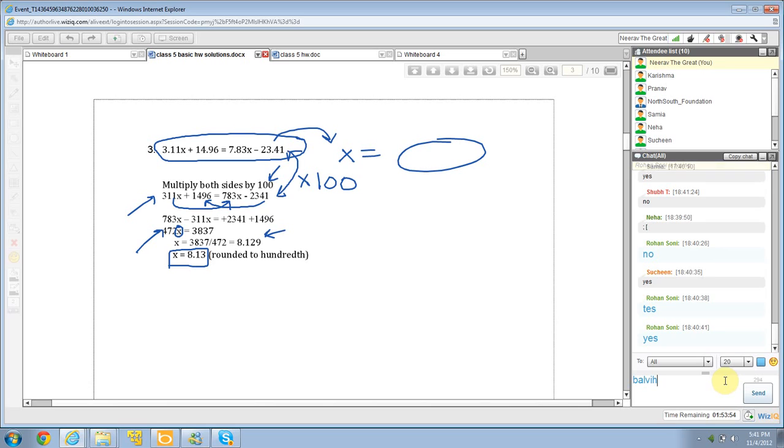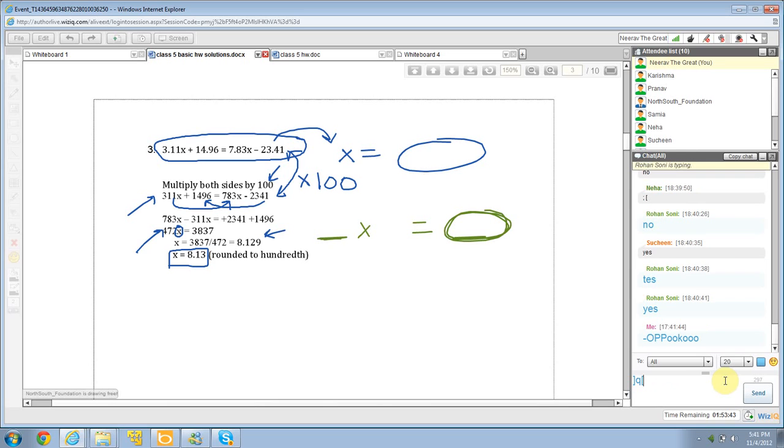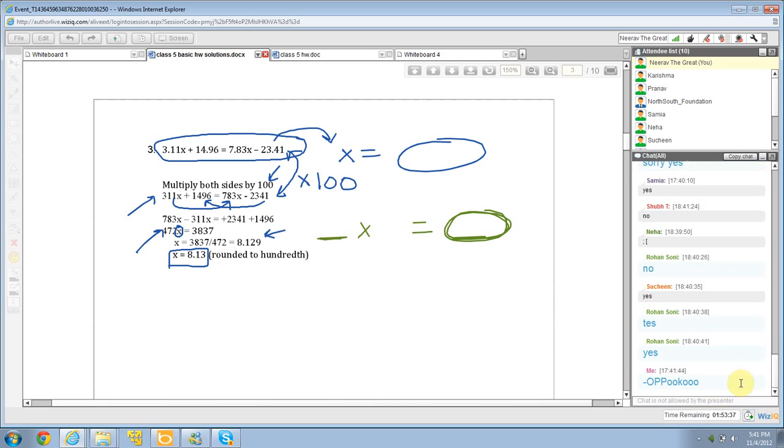The next thing you want to do is bring all the x's on one side of the equation, with a number before it, and all the numbers on the other side. So we brought the 783x to the left side of the equation and the 1,496 to the other. Now we have all the x's on one side and for the most part the numbers on the other.